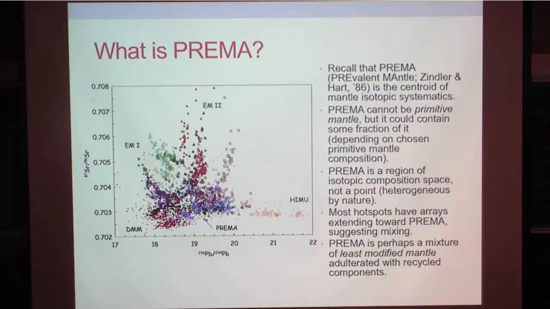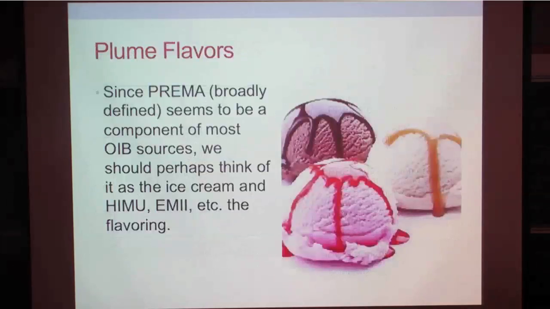The other thing, as I mentioned before, it's a region of composition space, not a point, at least in my view, so it's heterogeneous by nature. Again, most hotspots have arrays pointing towards this PREMA. PREMA may be some sort of mixture of least modified mantle, least degassed mantle, together perhaps with some recycled components.